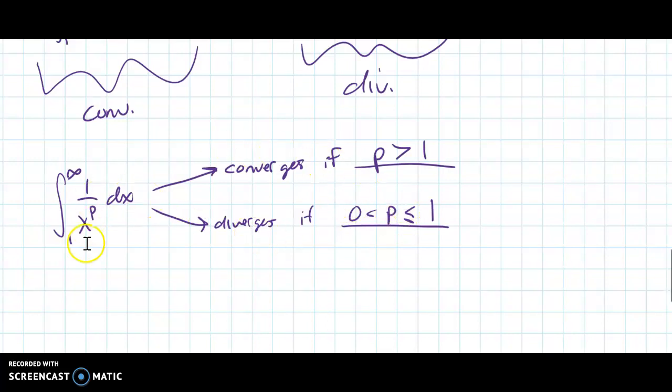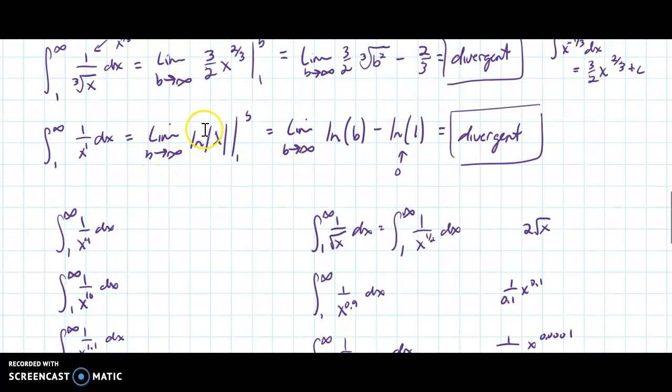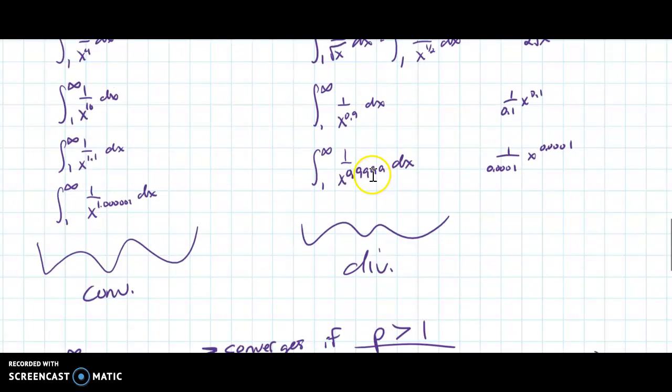But for this x to be in the denominator, p has to be positive. So I'm going to only consider p greater than 0 here. It doesn't really matter that much, but those are the ones we care about. And why is there a less than or equal to sign here? Well, that's because at a p-value of 1, it should be clear to you that we integrate to an ln, and then we get something that diverges.